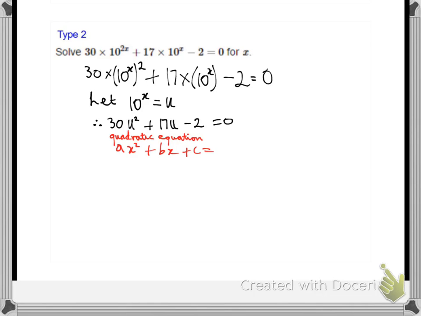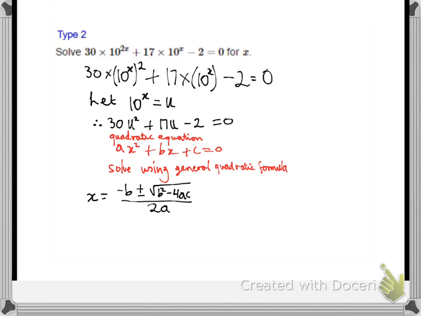We've got any quadratic equation of this form, and we solve with the general quadratic formula. So that's quite nifty. We get to turn an exponential equation into a quadratic equation, as long as we can identify that same common part of the exponential number in the two terms, and we can perform that substitution.